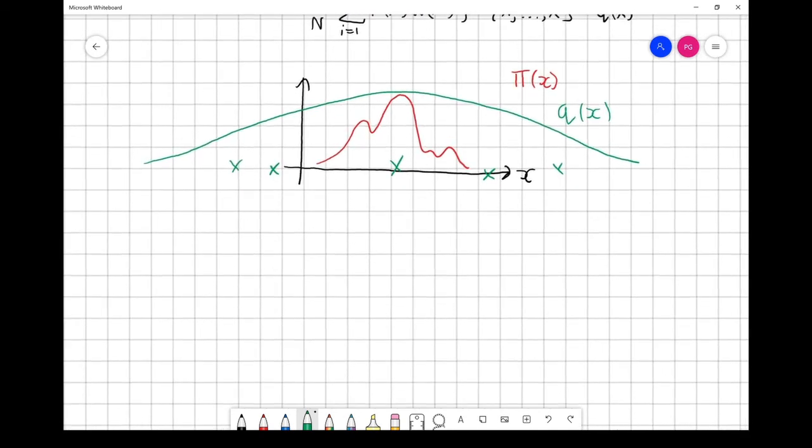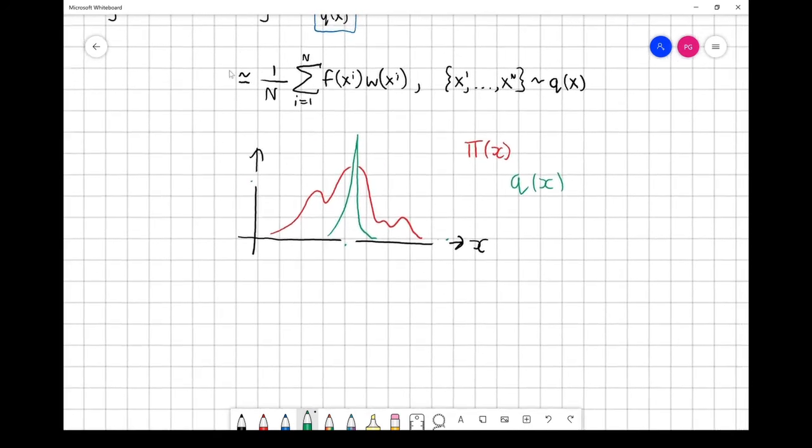Likewise, it should be fairly obvious that you can also make the other mistake and have a proposal that's really narrow. This doesn't look very Gaussian, but I think you can see the point.